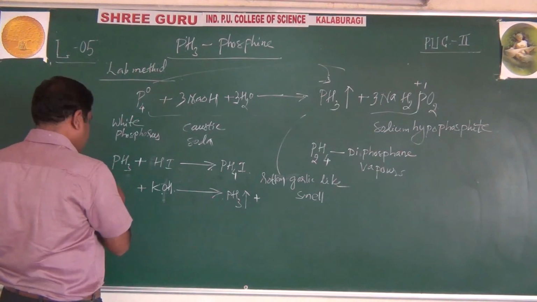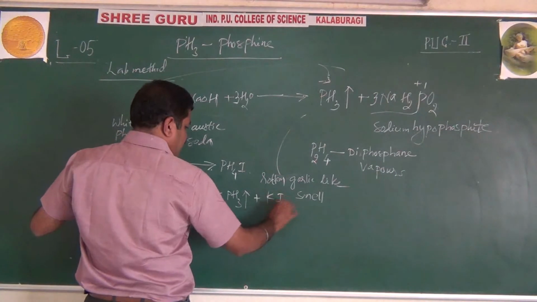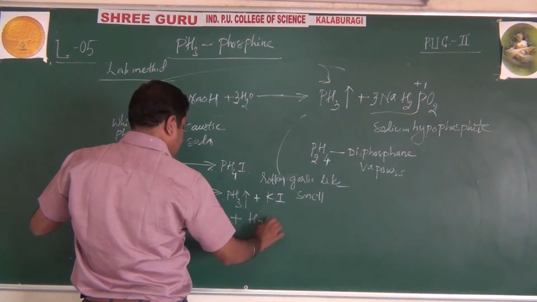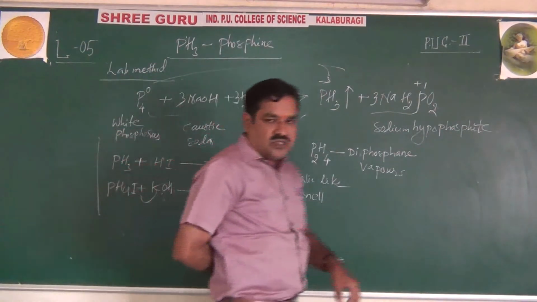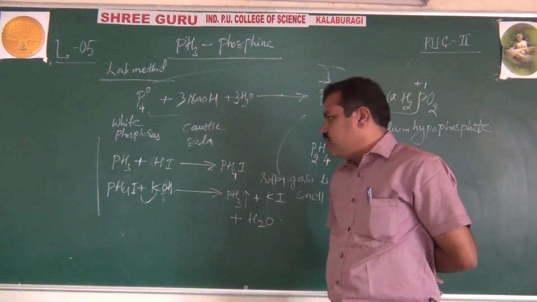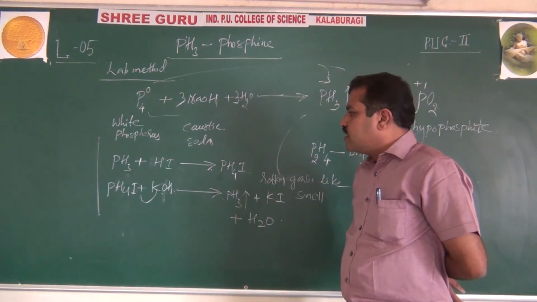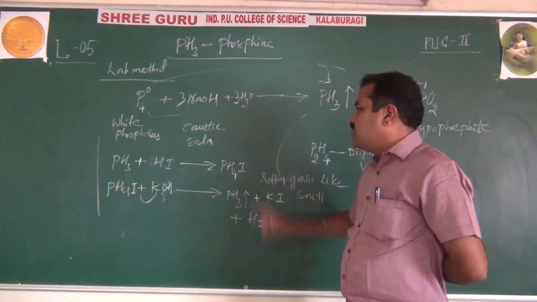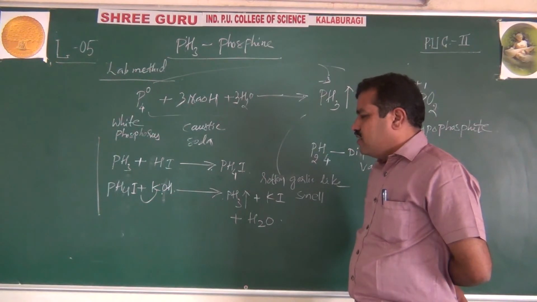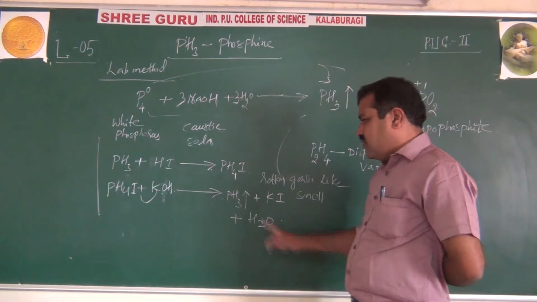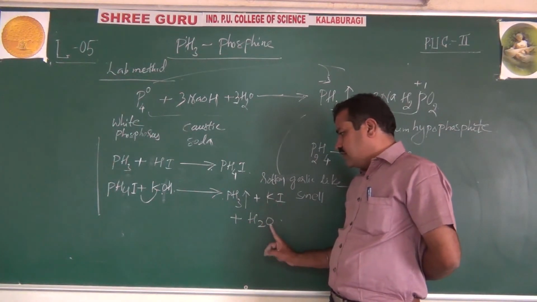Phosphonium iodide, PH4I, plus KOH, plus H2O. Like this, once again you get the purest form of phosphine. This will not catch fire and will not convert into diphosphine vapors. That means phosphine is treated with concentrated hydrogen iodide, converted to phosphonium iodide. These phosphonium iodide vapors are treated with a strong base, potassium hydroxide, which gives pure phosphine gas, potassium iodide, and water.